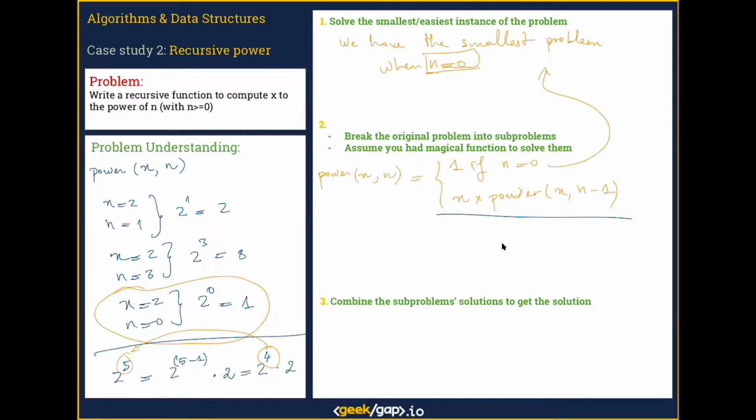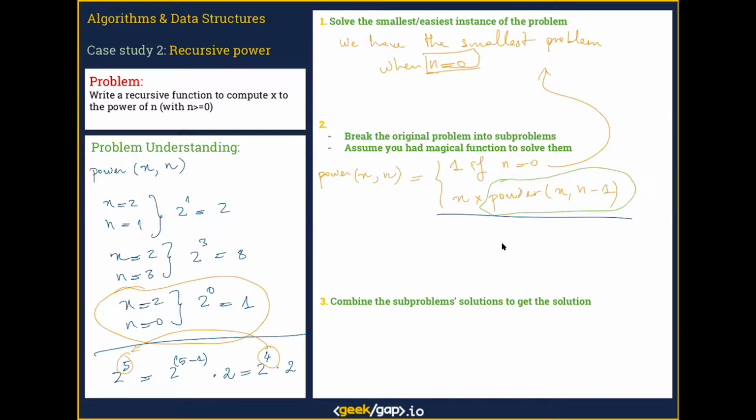Now you have divided your problem into smaller problems, and you just assume that somehow magically you had a solution for this. Well, if you have a solution for this, all it takes to solve the original problem is to do what?